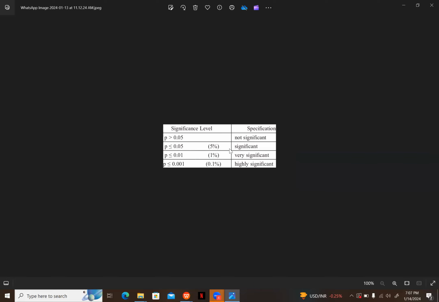Okay, remember that less than or equal to 0.05, that is 5%, is always significant. And more than 0.05 is always non-significant. Just remember this 0.05. If less than or equal to 0.01, it is very significant, and 0.1%, that is less than or equal to 0.001, is highly significant.